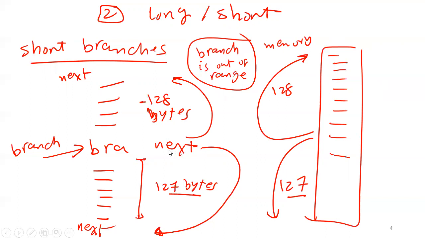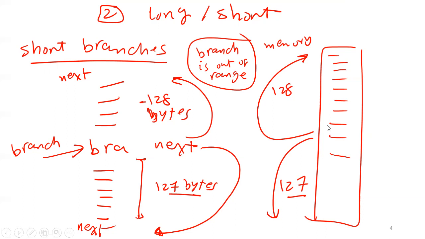So in short branches, if I'm here and I want to jump to here, where next is, or if I'm here and I want to branch to here, there is a limit on how far this next can be from this branch instruction. In the case of short branches, if you branch forward, the limit is 127 bytes of machine code.